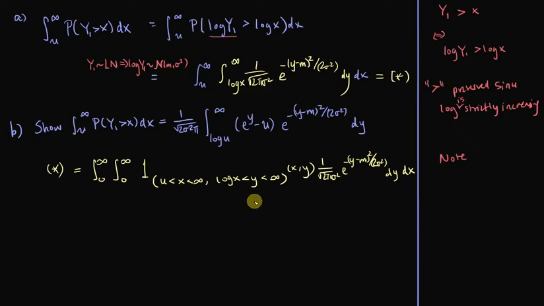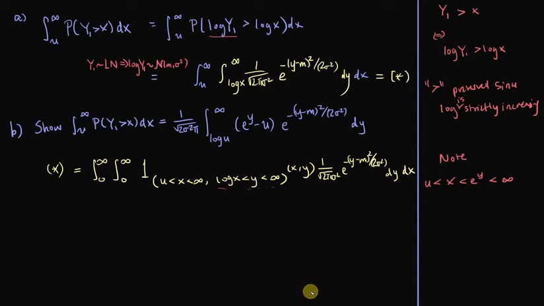On the other hand, you also have that x has to be smaller than e to the y, smaller than infinity, due to this second part of the indicator. So x must be smaller than e to the y, must be smaller than infinity. And apart from that, you also have that x is greater than u. So this is the information that we gain from this here.